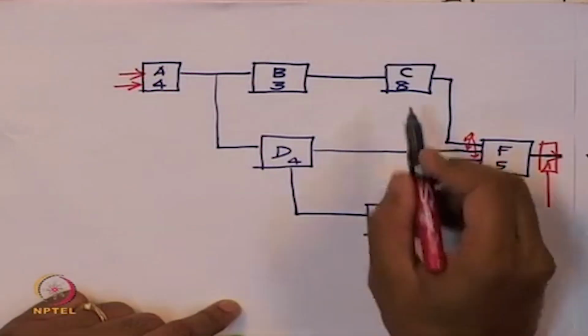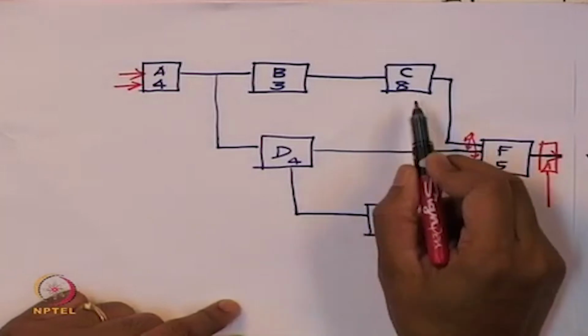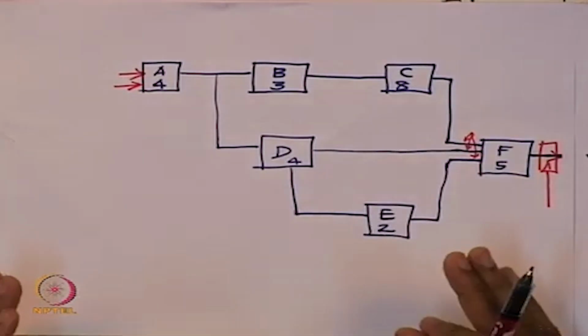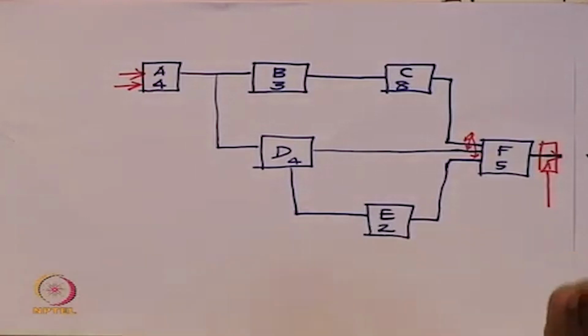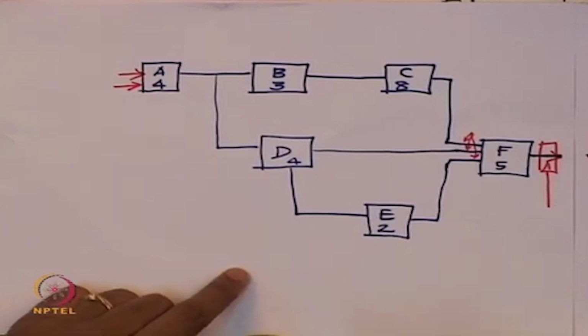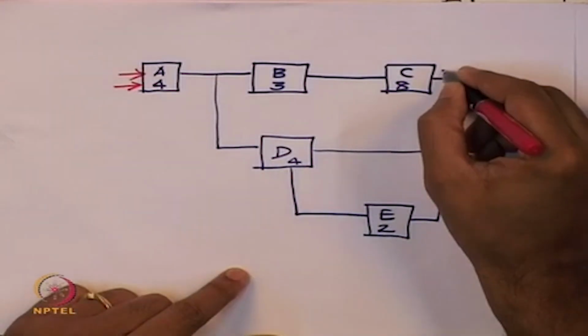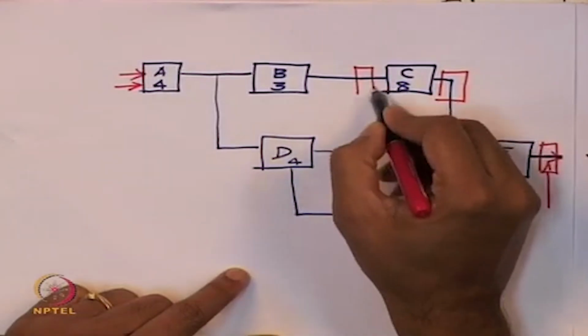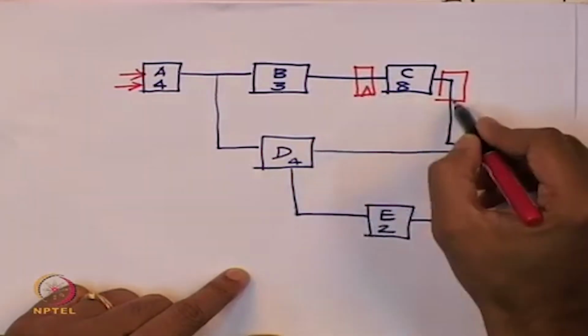C is also a circuit that cannot be subdivided further, and C has the largest delay, 8 nanoseconds of time. So what I am going to do is put a flip flop here at both the inputs and output of C.